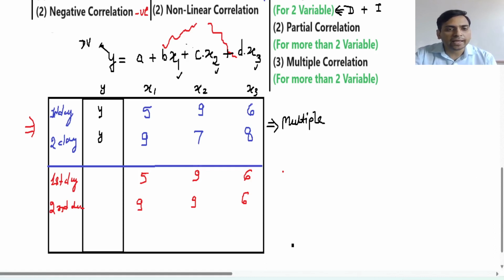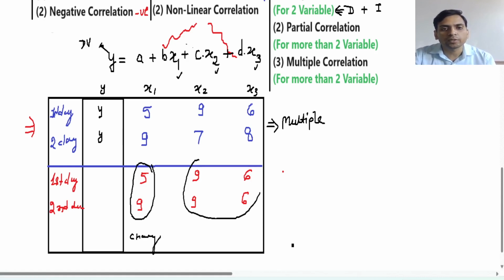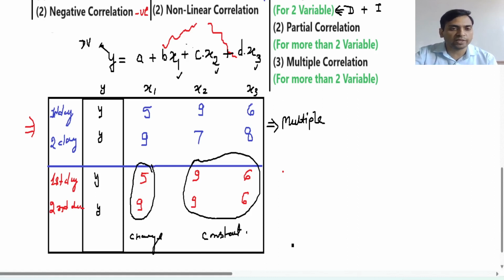And in this second case, one variable is changing. The quantity of bed sheet is changing, and other production variables are constant. No change in production of these two variables. These are constant. So total cost is based on all these three, but the change in this total cost is due to only this first variable.